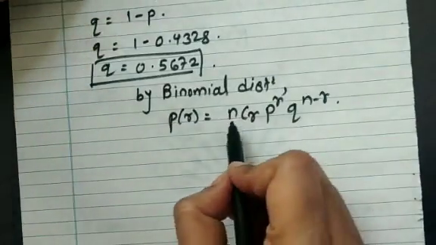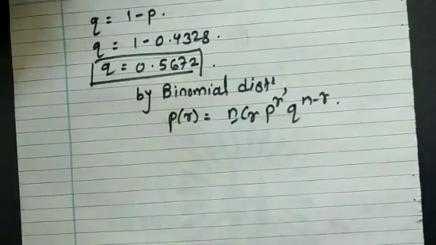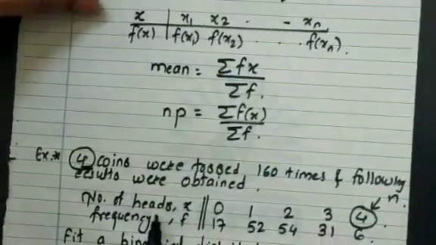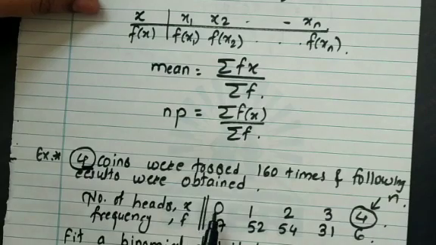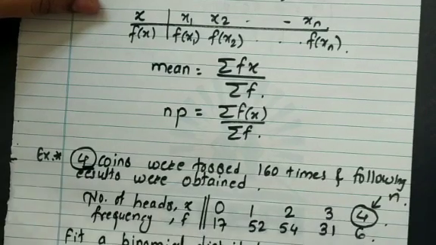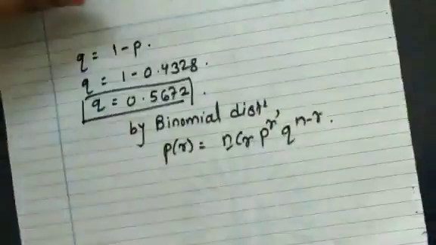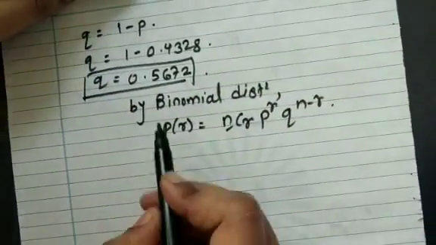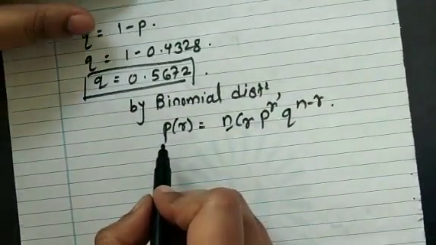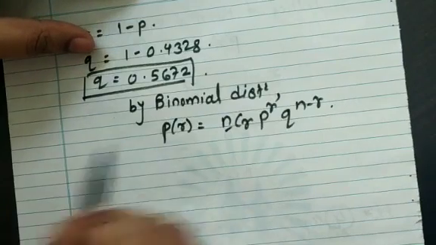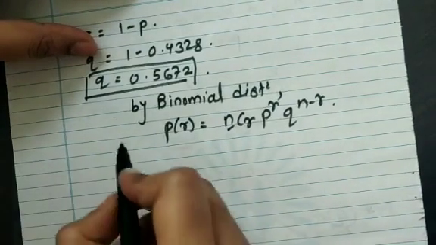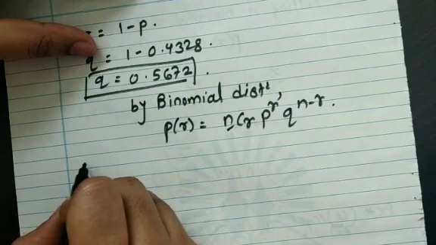We just need r, and the r values are the given values of x: 0, 1, 2, 3 and 4. For different x there are different r, and we'll find the probabilities for each. First we consider r is 0.